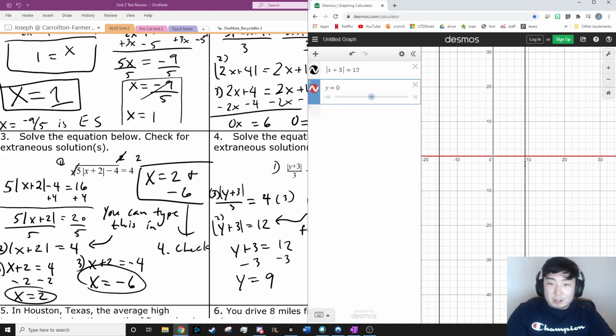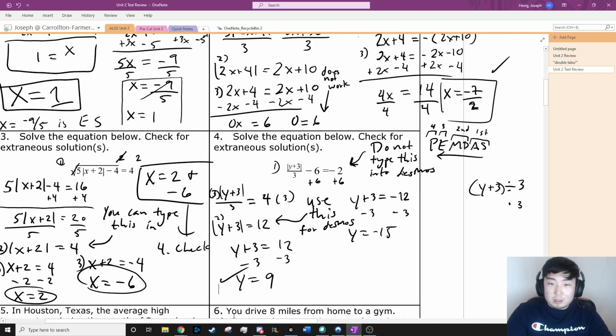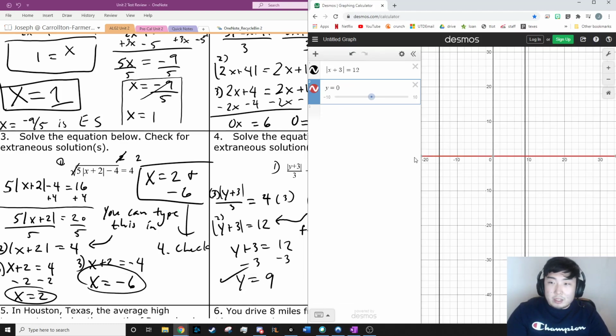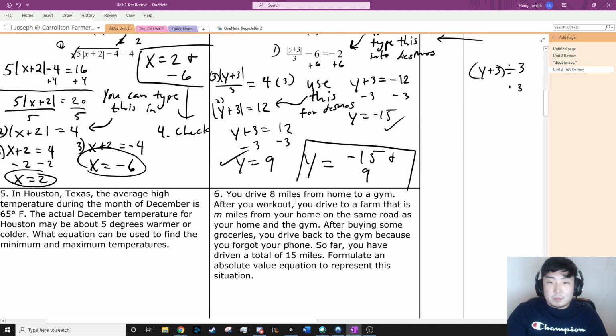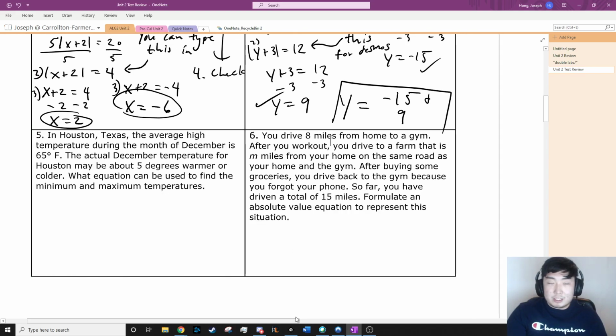So this is correct, or this works. And then the next one is right here. This is negative 15. So this works. So y is equal to both negative 15 and 9. So hopefully that made a lot of sense to you.